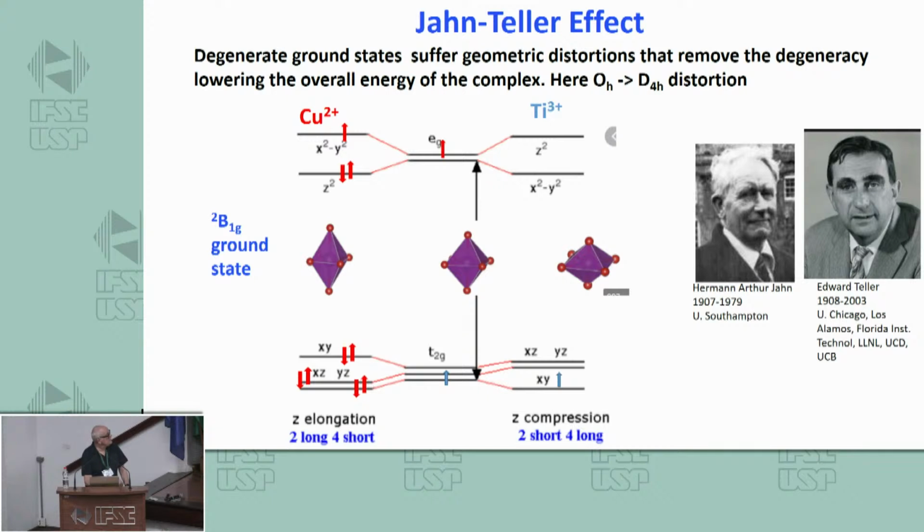Then the xy orbital has a lower energy, and the other two, in which the repulsion with the oxygen ligands would be stronger, have higher energy. So there's a gain in energy due to the Jahn-Teller effect, which means it is all too natural that all titanium 3+ compounds will be distorted, in this way, that the octahedron is actually squished.